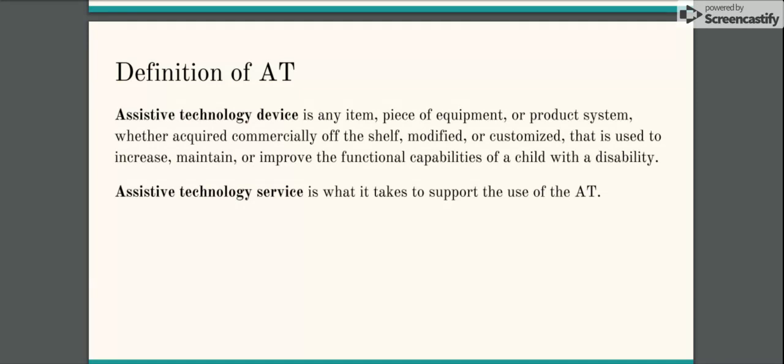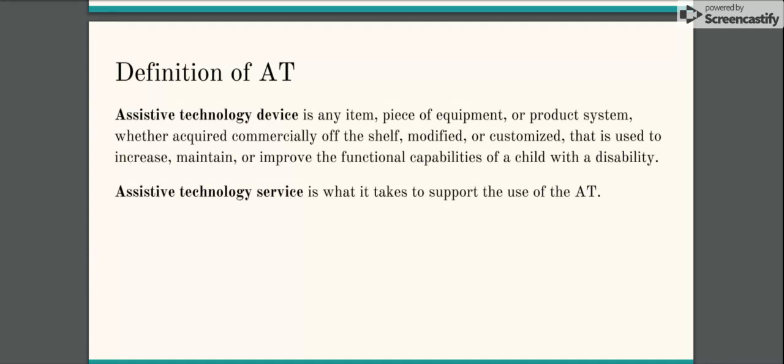I think that term is a little bit vague, but it brings about the idea that assistive technology is about being able to access, being able to do the functional things in order to be able to have a more independent life. I'll talk a little bit more about that in the next slide.